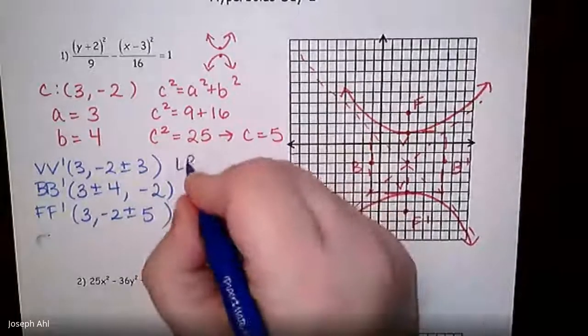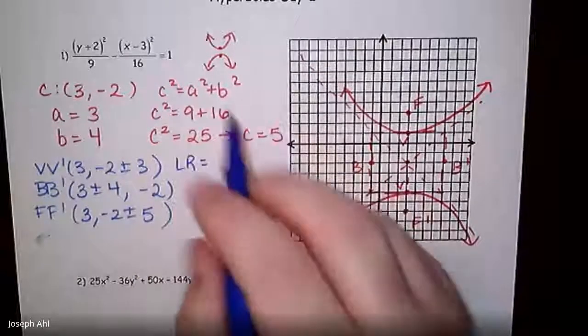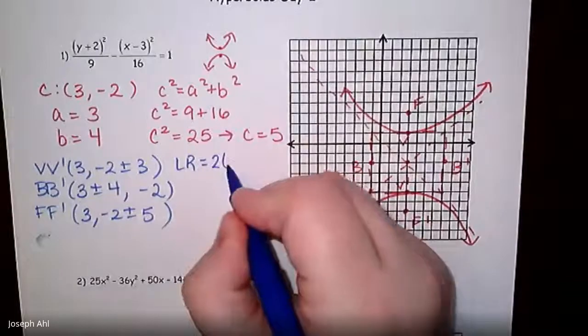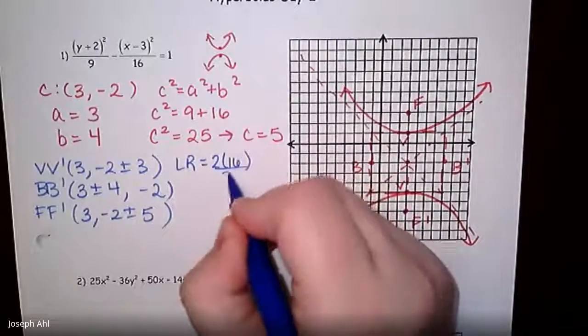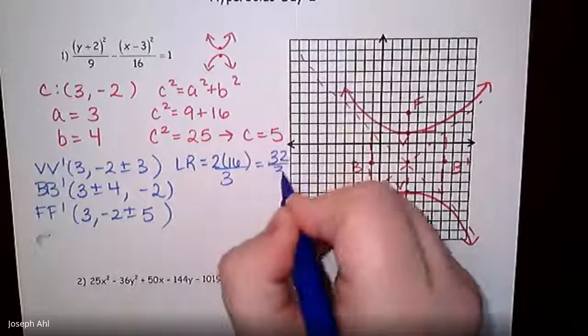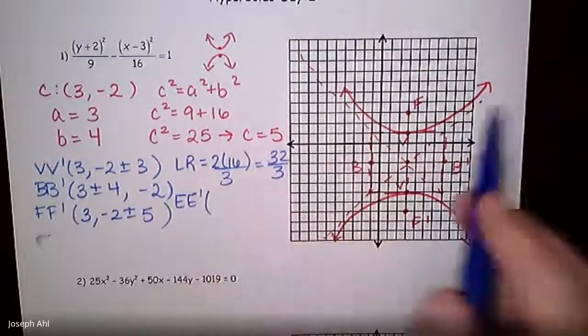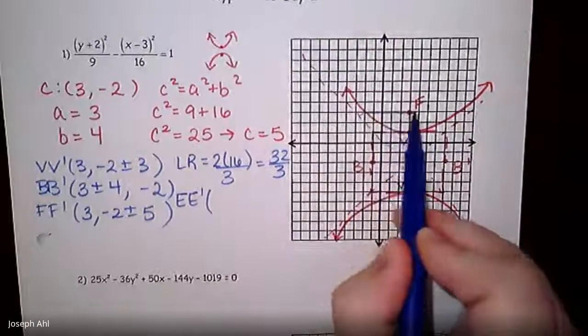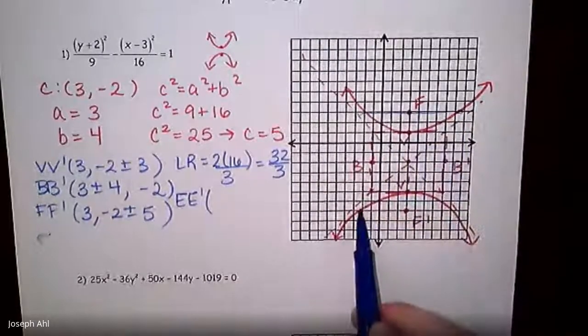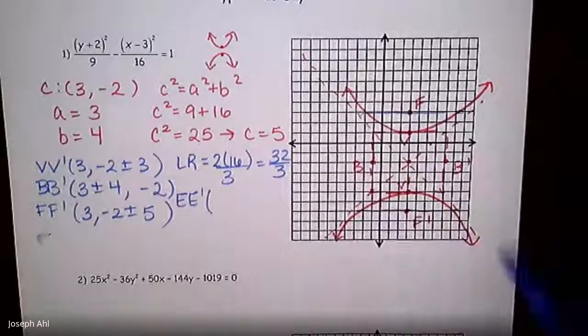The LR has a length of 2b squared over a. So b squared in this example is 16 and a is 3. So that's 32/3. So then to get to the ends of the LR, so remember, here's my LR segment right there. And then here's another one down here. Okay.